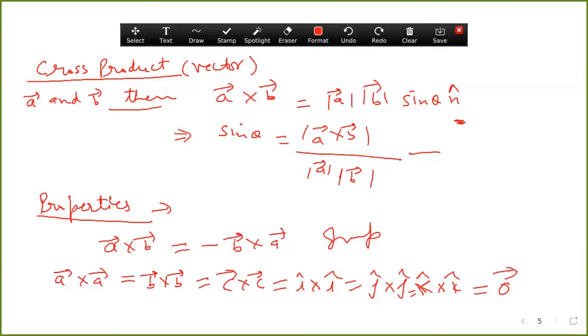Now the next property which you must know: i cap cross j cap will be equal to k cap, j cap cross k cap is equal to i cap, and k cap cross i cap will be equal to j cap.